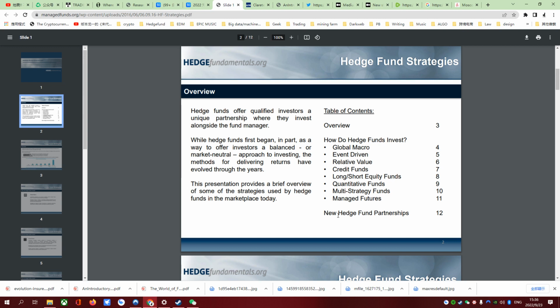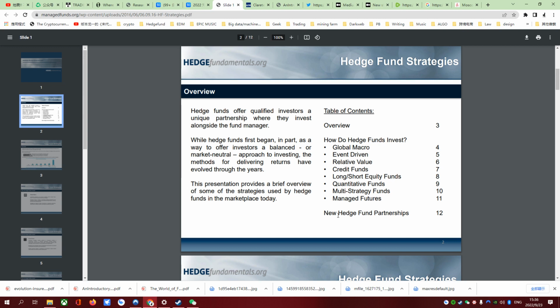So if you're an event-driven strategy fund, that basically means you will generate return out of these events. And then you have relative value funds. That basically means you'll be doing different sets of arbitrage. You will be doing relative trades mostly.